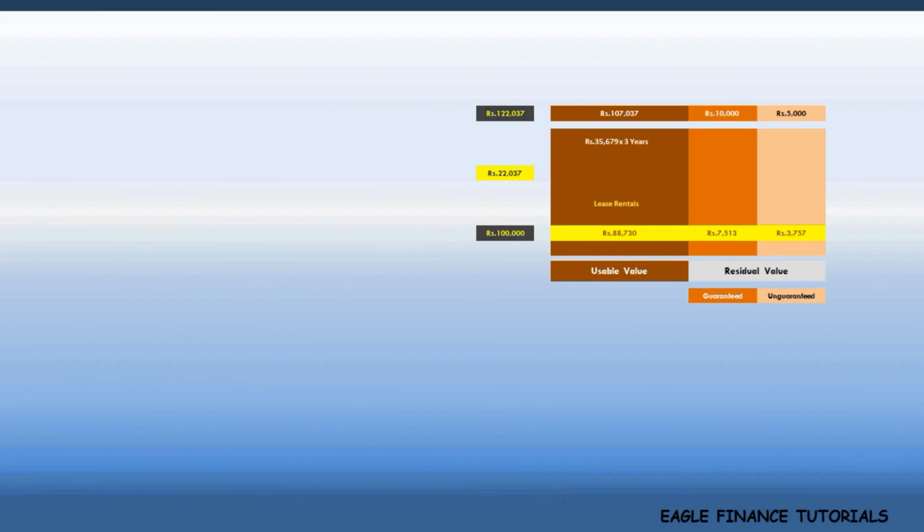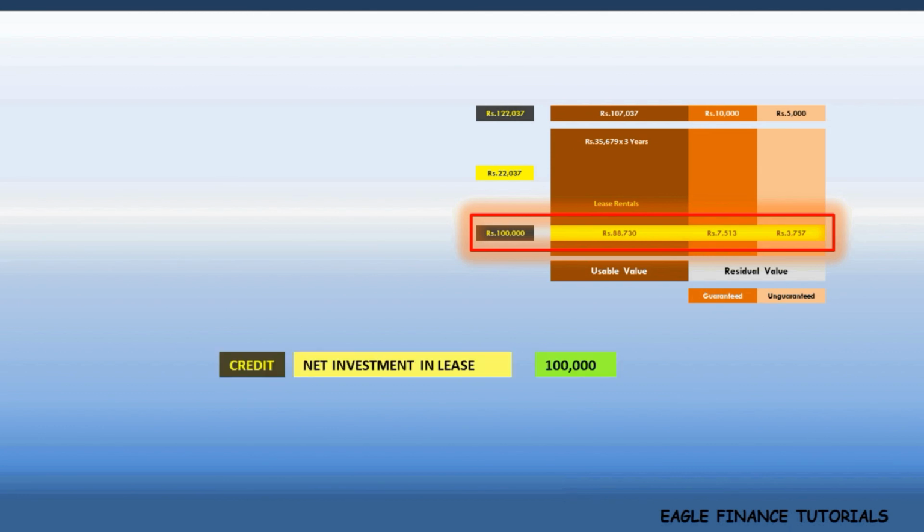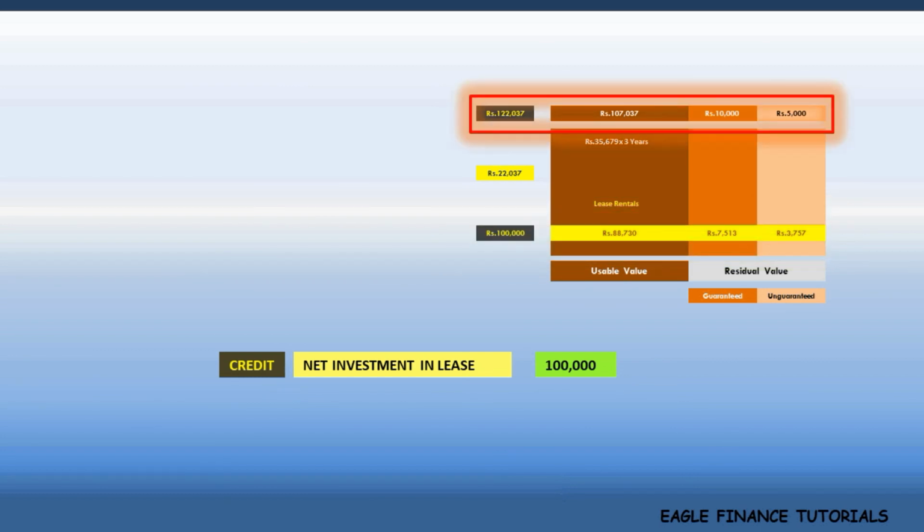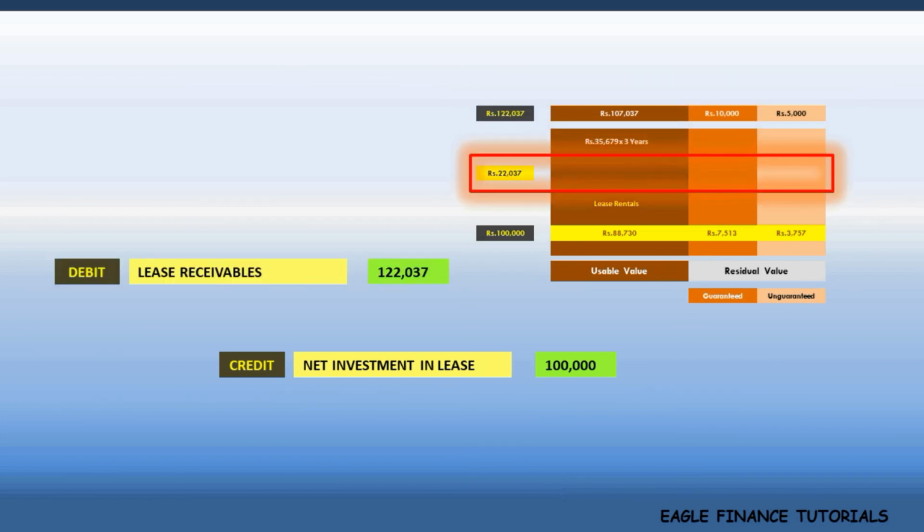Let's make the entries. Net investment in lease credited by 1 lakh. Lease receivables debited by rupees 1,22,037. Unearned finance income credited by 22,037.